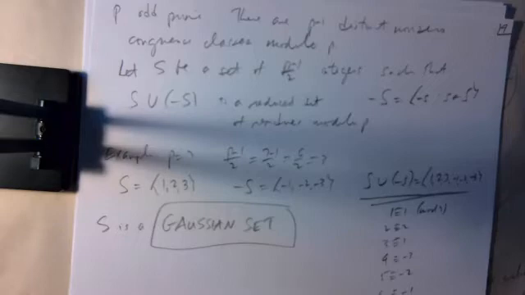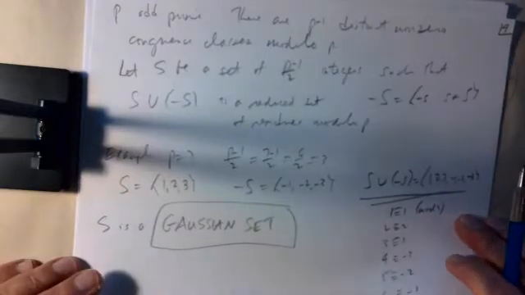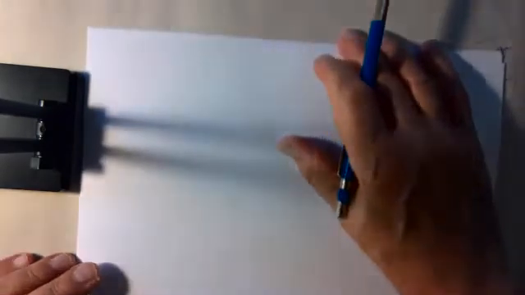Okay, so that's a Gaussian set. And Gauss, 200 years ago, proved the following result. It's called Gauss's lemma, but it's a very important theorem.